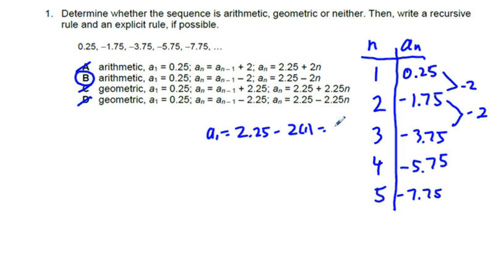So we're going to get 0.25. A sub 2, so that checks out. It's going to be 2.25 minus 2n. So we get 2.25 minus 4, which is negative 1.75. So that confirms B is our correct answer.